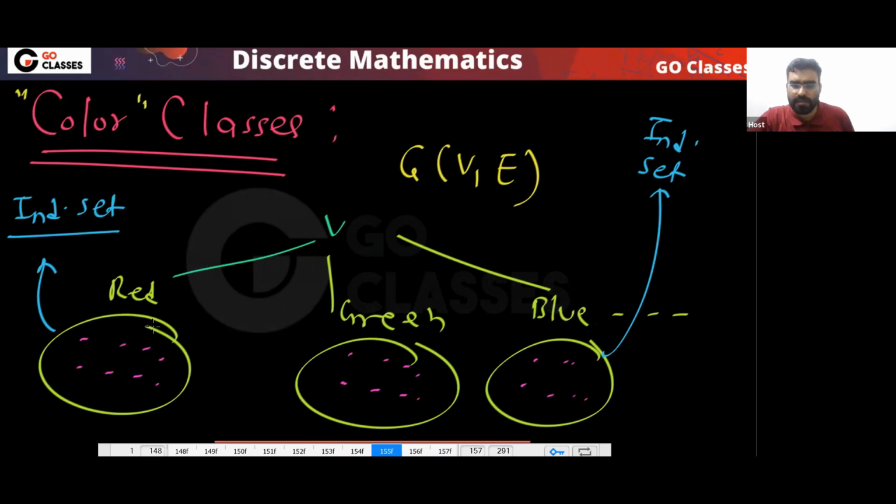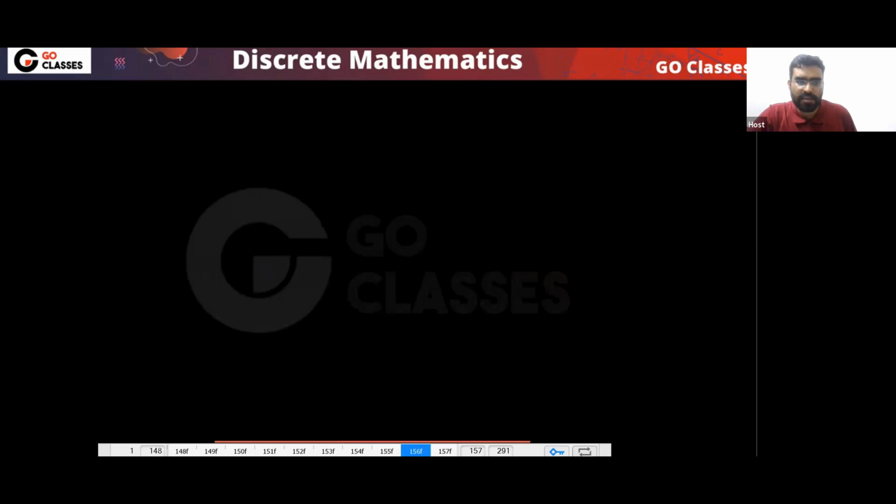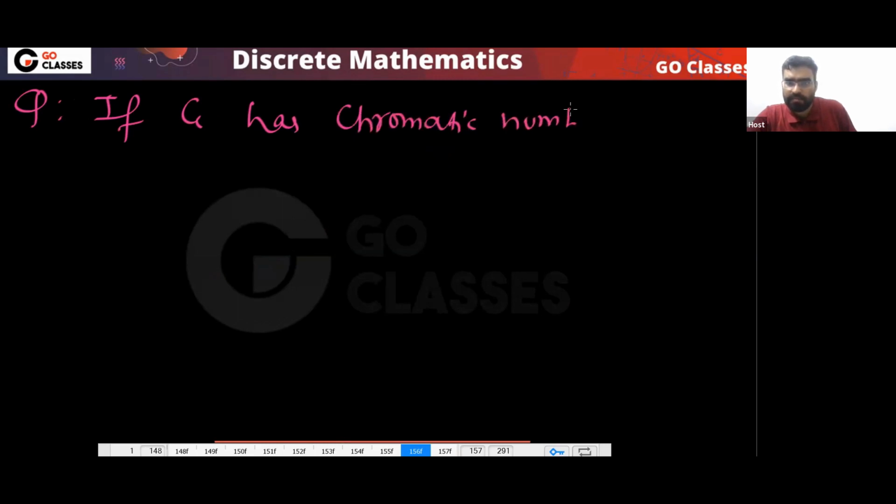Okay, color classes. Now, very important point. A few interesting things we will see. This is the question. If G has chromatic number, let's assume M, then my question is, what can you say about the number of edges?